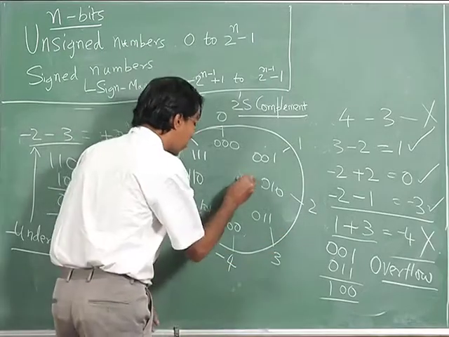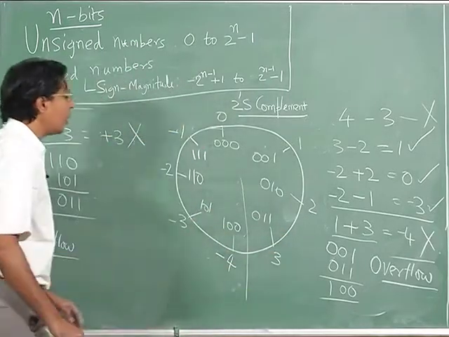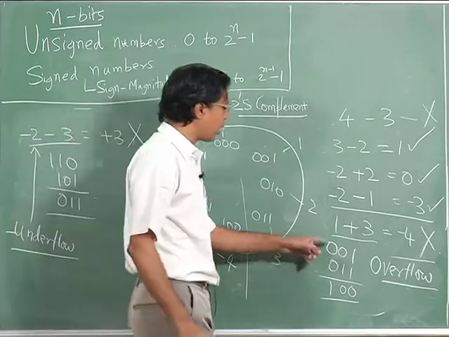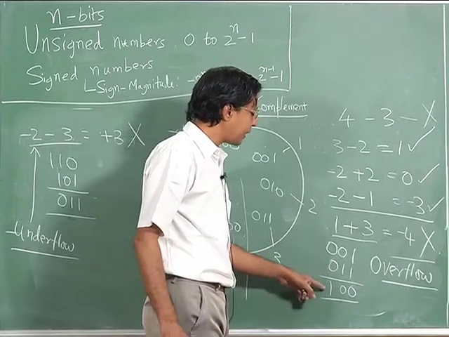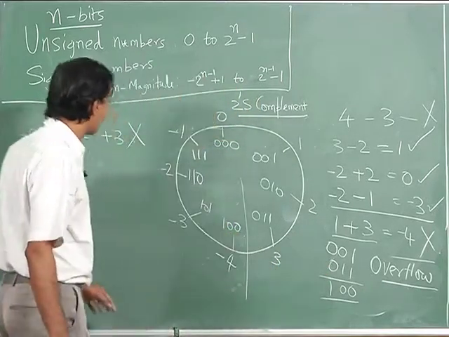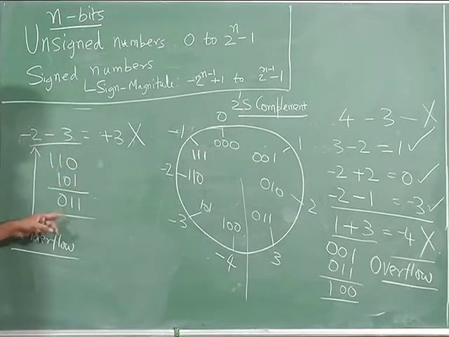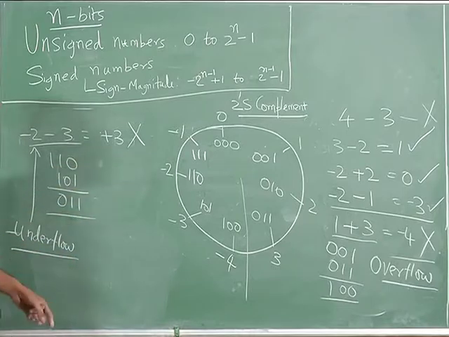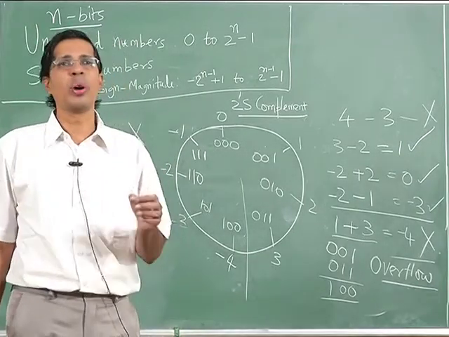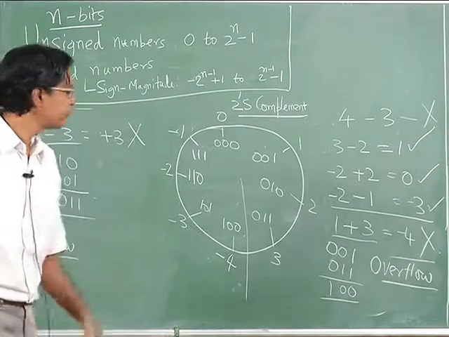So when will I get an overflow? When both the numbers are positive and I get a negative number as an answer, or when both the numbers are negative and I get a positive number as an answer. These are the cases where I will land up with an underflow or an overflow.